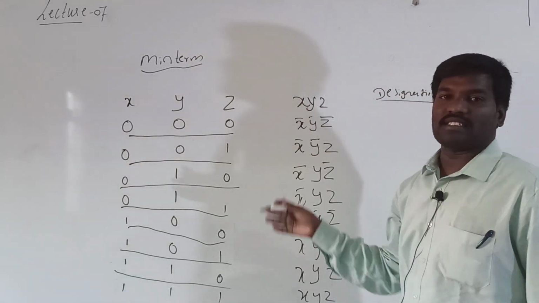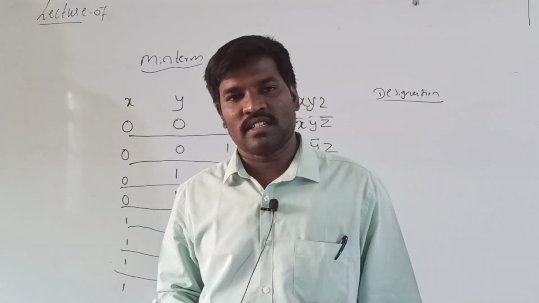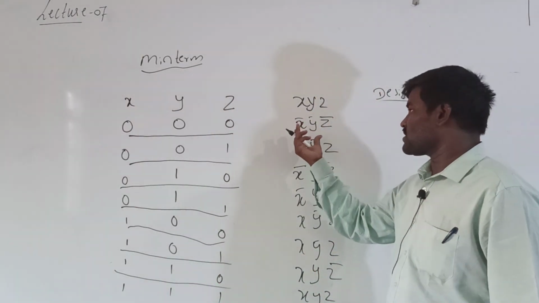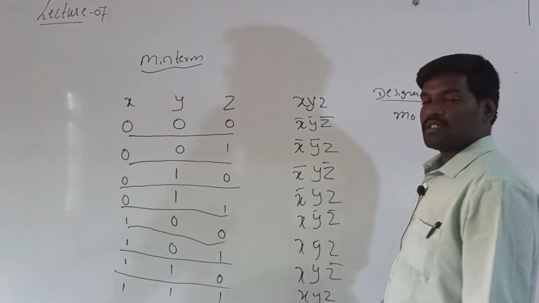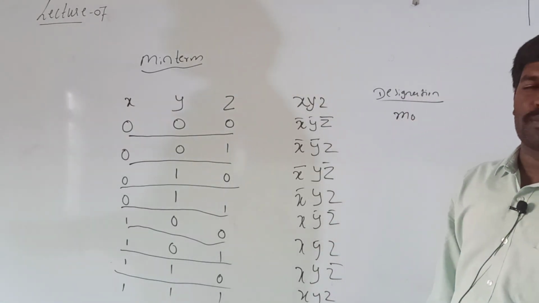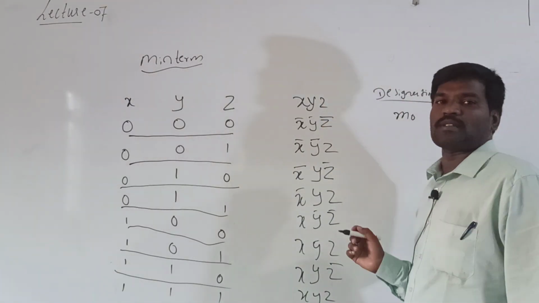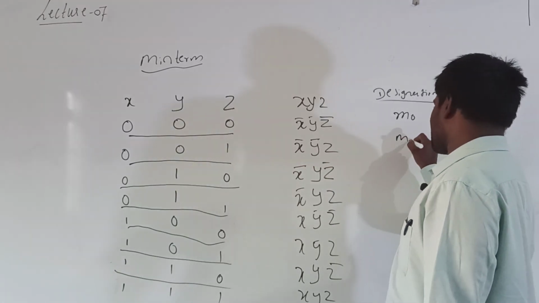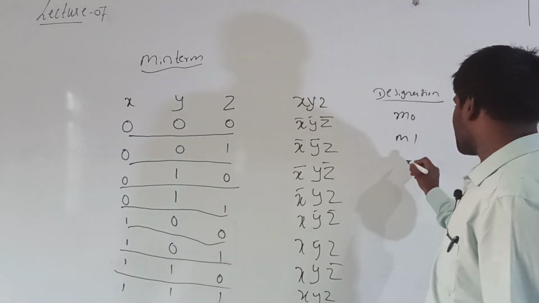Here the designations are serial, but at the time of solving the expressions, how to find out the designation means based on the values. See here 0 0 0 means m0. The designations or the positions can be represented using m with respect to the value. x bar, y bar, z, 0 0 1, that's why it is m1. Here 0 is there, here 1 is there, here 0 is there, 0 1 0 means it is m2.